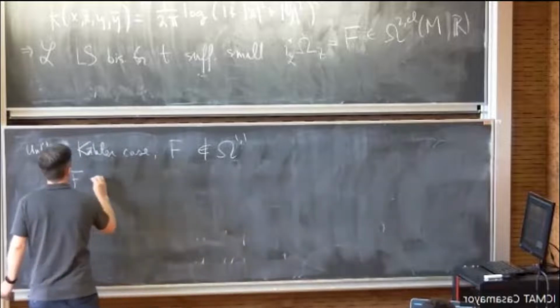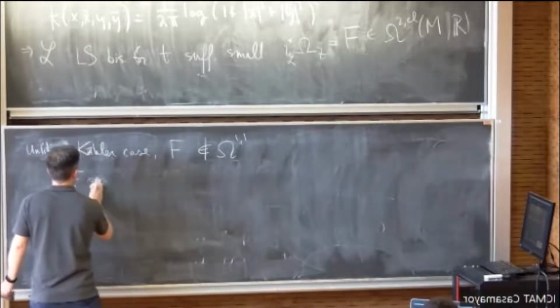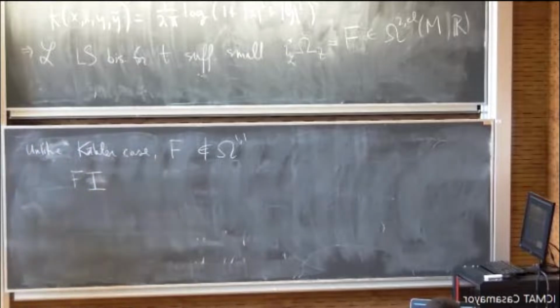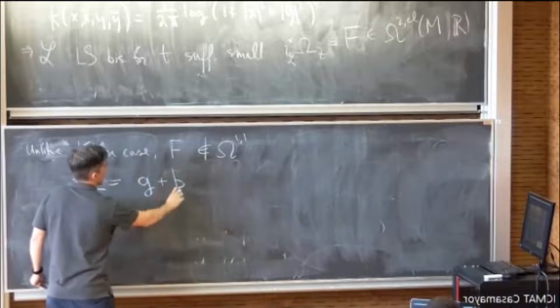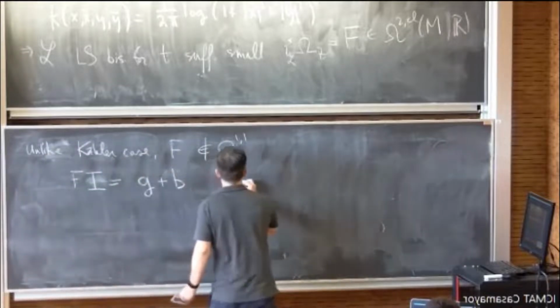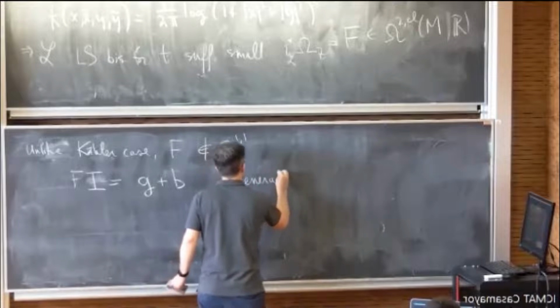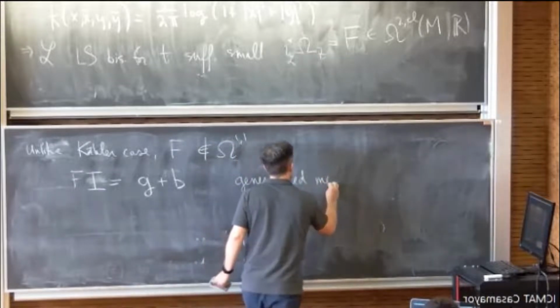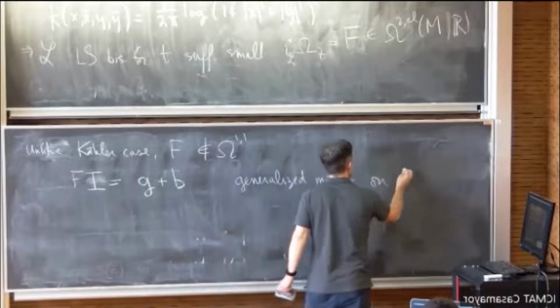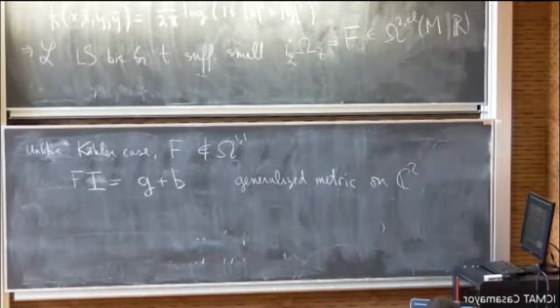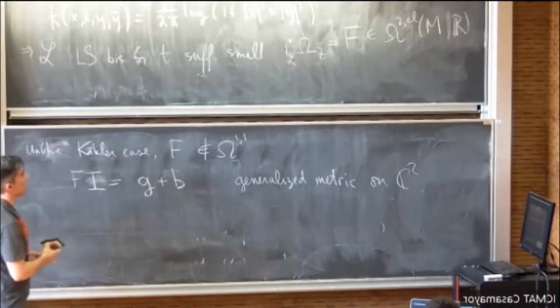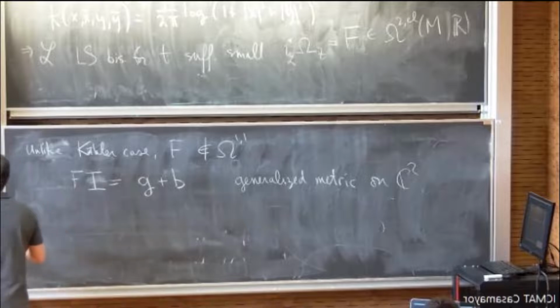If I combine F with the complex structure, what you get is a metric, but it also has a skew-symmetric part. And this is what we call a generalized metric on C². So now we get a metric plus a B-field on C² from doing the same thing that we did in the Kähler case.